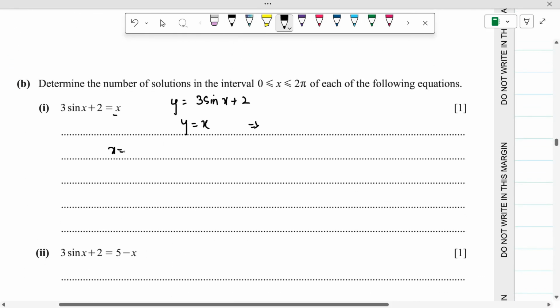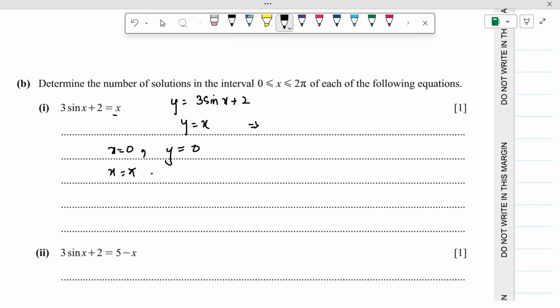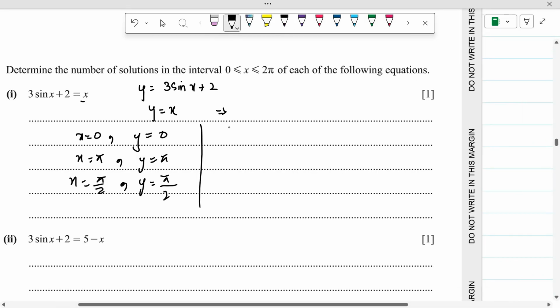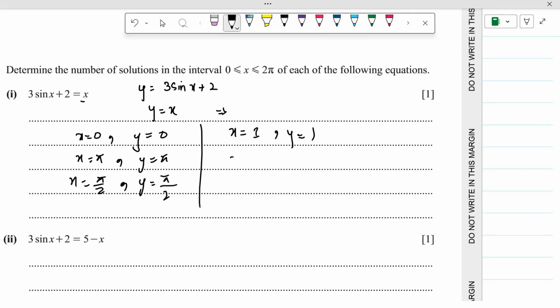When x is equal to 0, y is equal to 0. When x is equal to pi, y is equal to pi. When x is equal to pi by 2, y is pi by 2. Similarly, when x is equal to 1, y is equal to 1. When x is equal to 3, y is equal to 3.